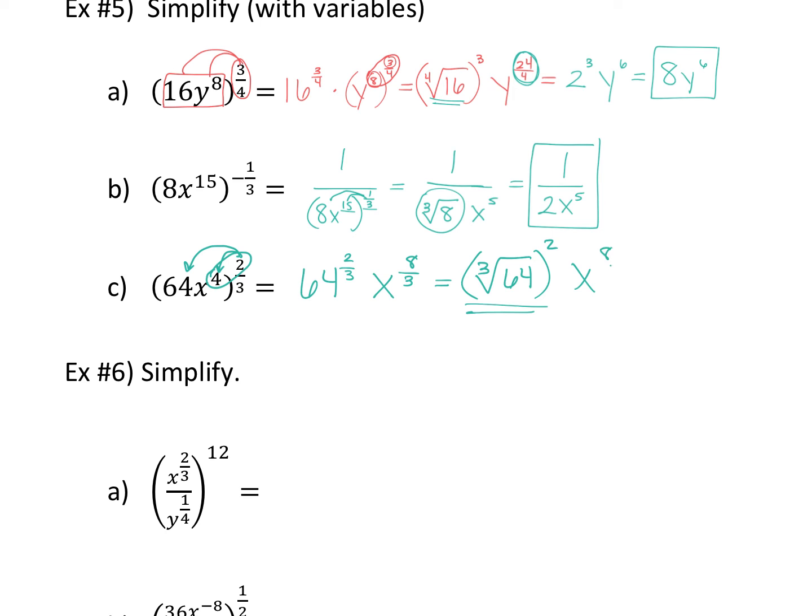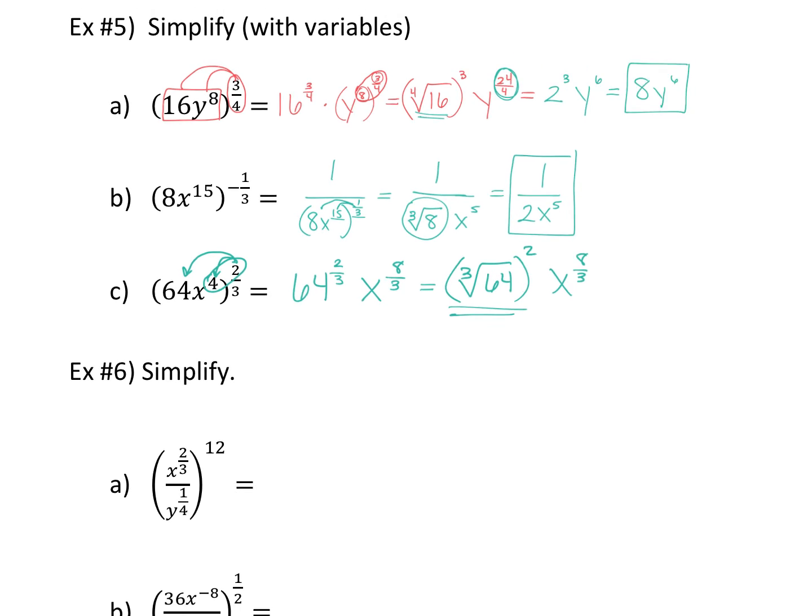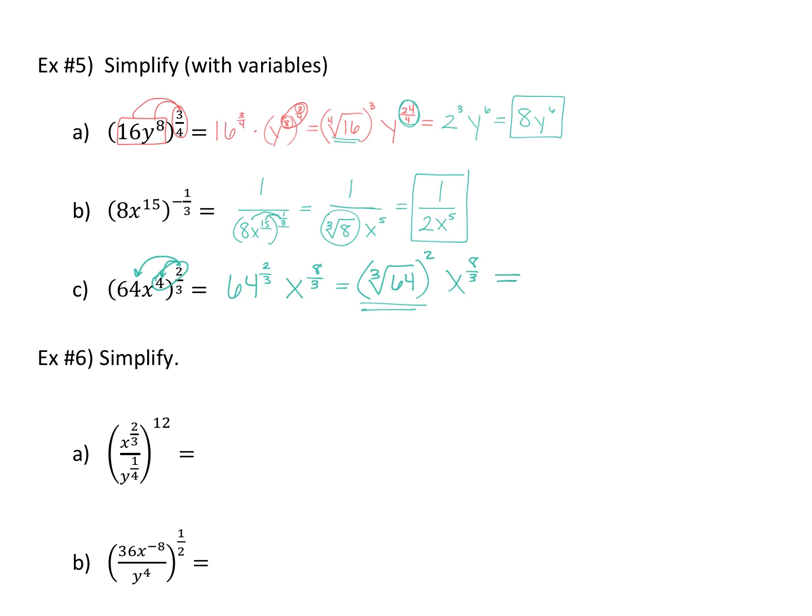This we can't. So we just leave it like that. Okay. But this part we're going to simplify. So we're going to take the cube root of 64, which is 4. And we're going to square that 4. So 4 squared is 16. And then it's x to the 8/3. Cool. So 16 times x to the 8/3.